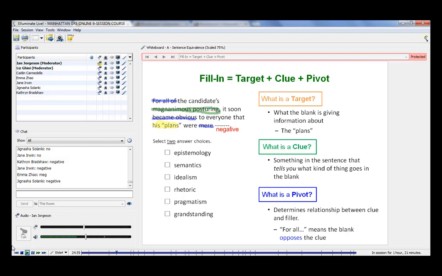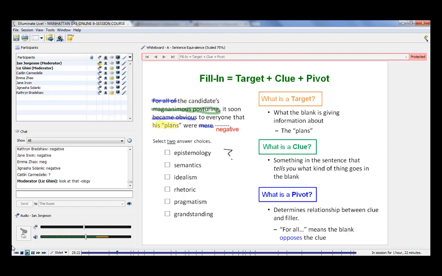So let's look at these answer choices here. Epistemology, what do you guys think? And as always, question mark is totally allowed. What do you guys think about epistemology? Does anybody know that word? You'll get to know it in grad school a lot. Okay.